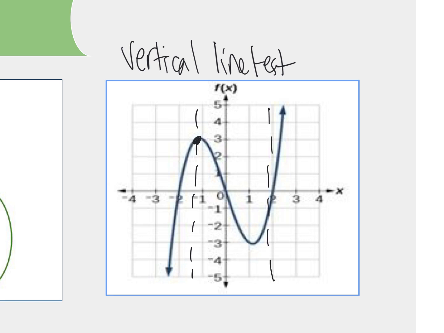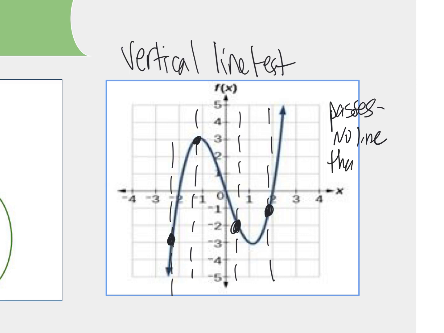But what we're looking for is if my vertical line crosses my graph more than one time. No matter how I draw this, even if you think I've done it twice, it's just my shoddy drawing here. This passes because there is no line that touches more than once.